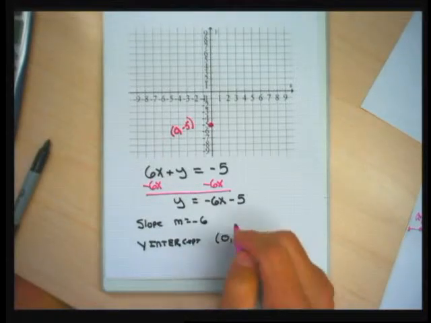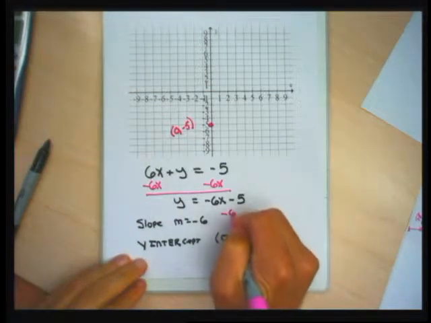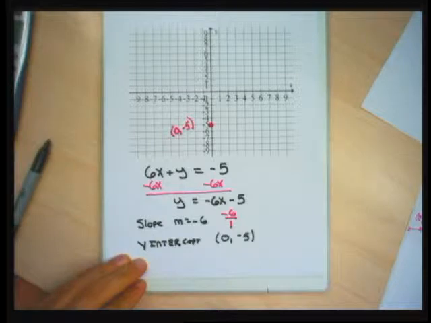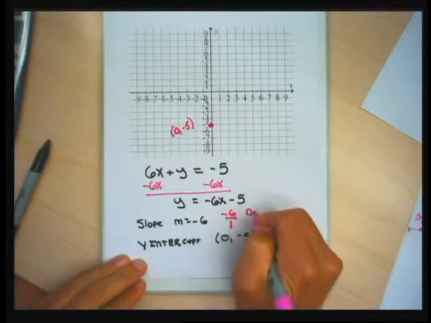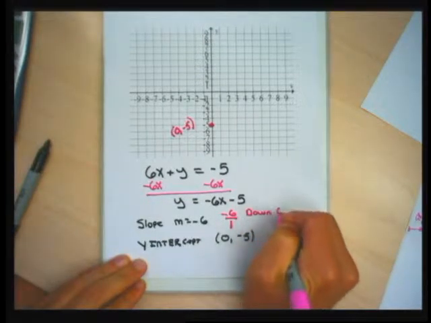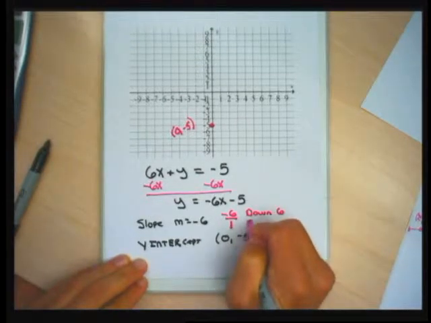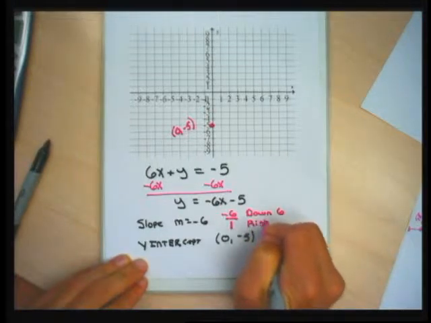So I'm going to rewrite the slope as a fraction. I'm going to write it as -6 over 1, because any integer can be written as a fraction by writing it over 1. The -6 tells me to go down 6. The positive 1 tells me to go right 1.